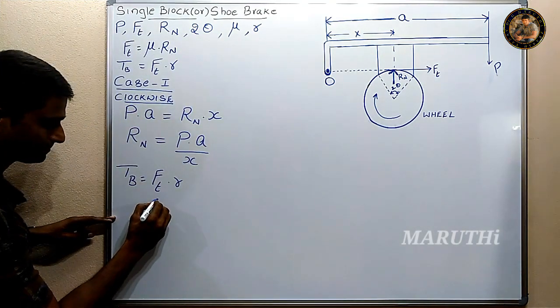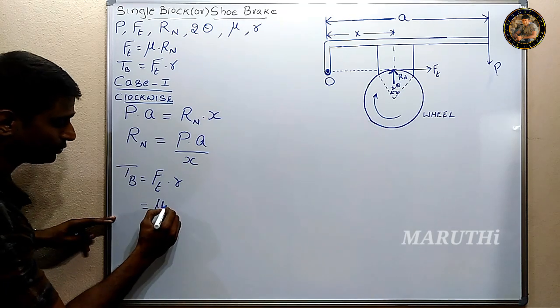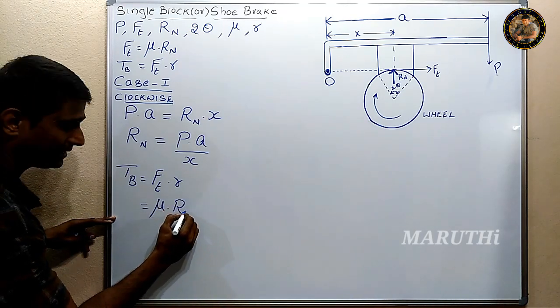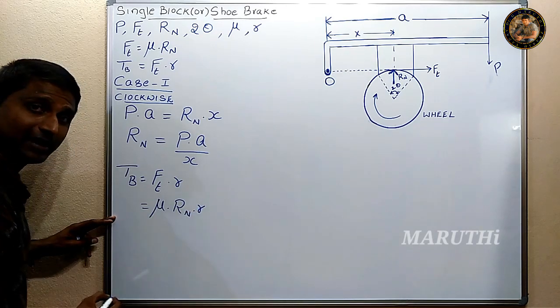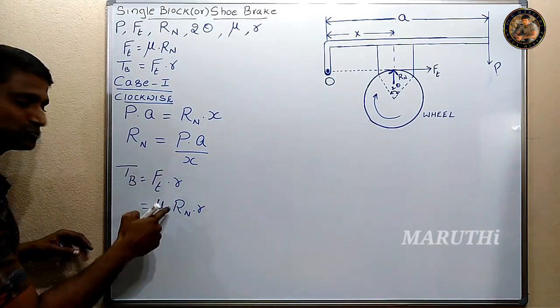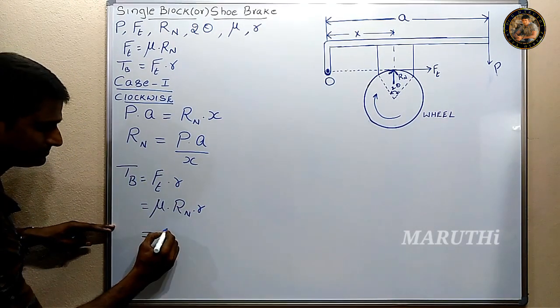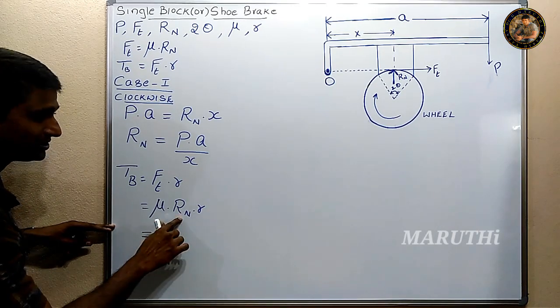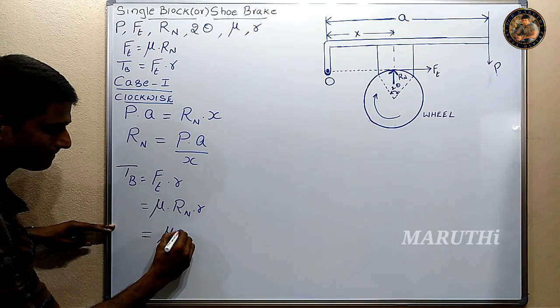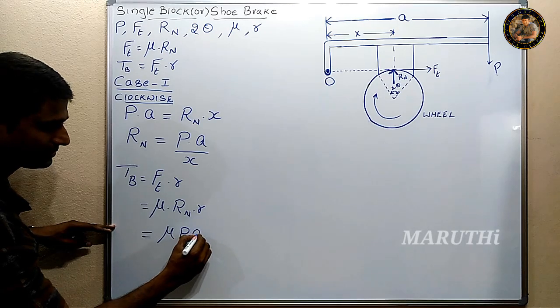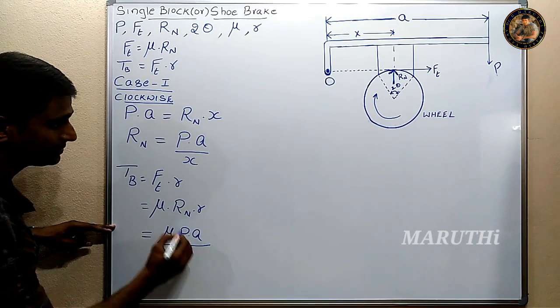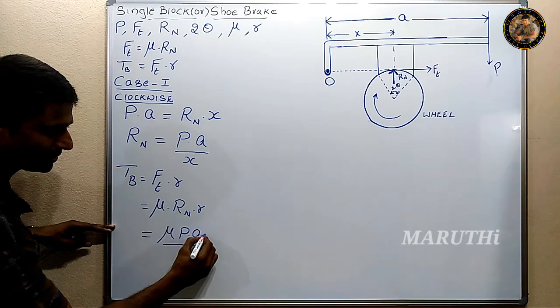So that's why we can write it as mu into Rn into r. So where this Rn is equal to this one, substitute here, it will become mu, this Rn equals to PA divided by x, into r.